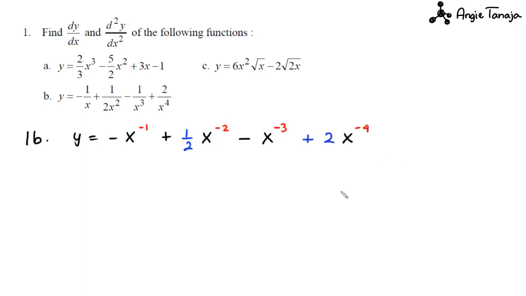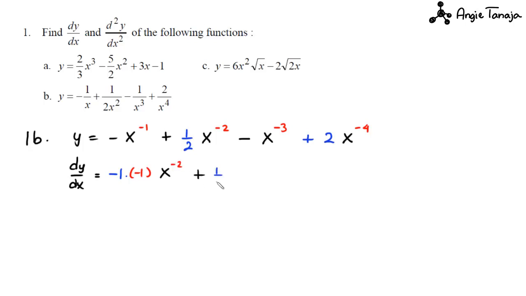So this is what I have in my mind when I process this. I differentiate between the coefficient, the x, and also the exponent. So it apparently shows that they are different. I just put the exponent here in front, and then decrease the exponent, and it becomes easier. So then dy over dx will be negative 1 times another negative 1 from here, and this will be x to the negative 2, decreased by 1.